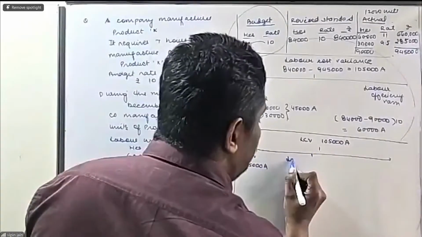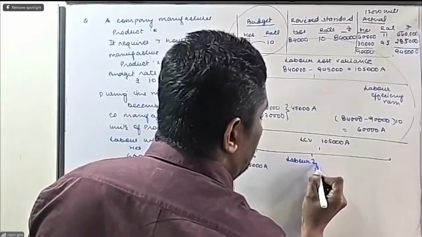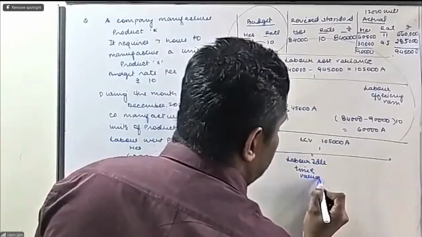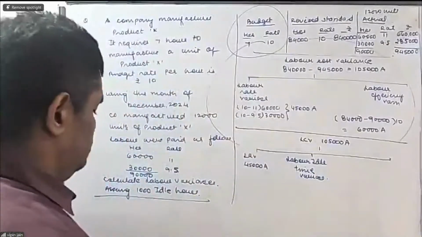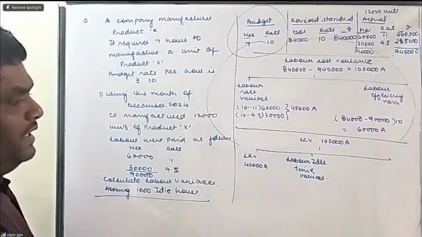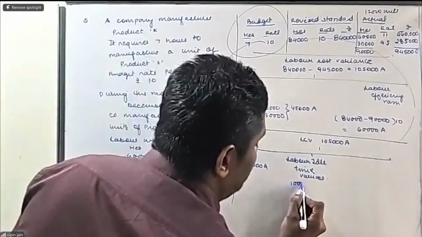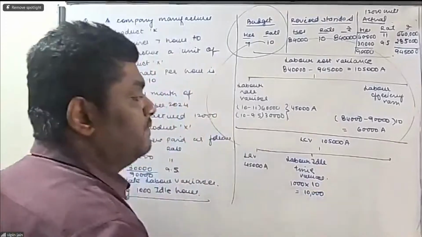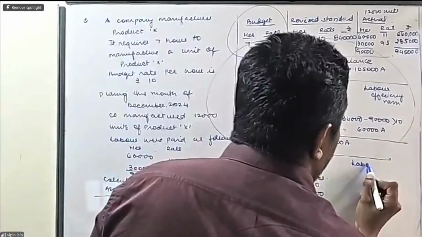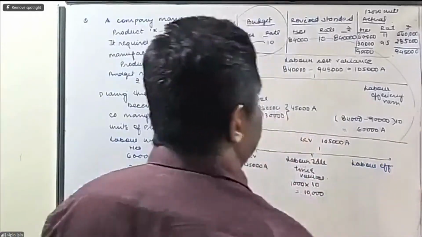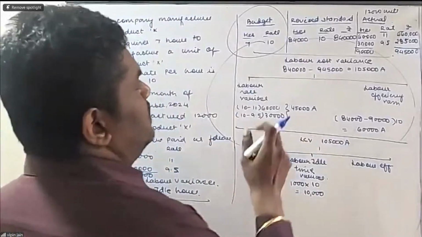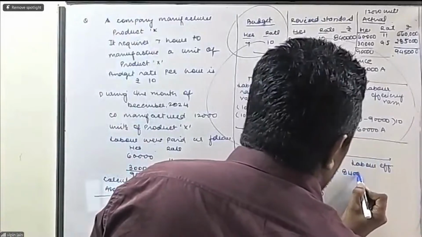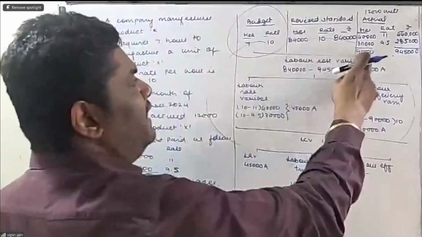When talking about labor idle time variance, total 1,000 idle hours. So 1,000 into 10, it will be 10,000. And labor efficiency will be, the work was supposed to be completed in 84,000 hours, but it was completed in 90, not 90.